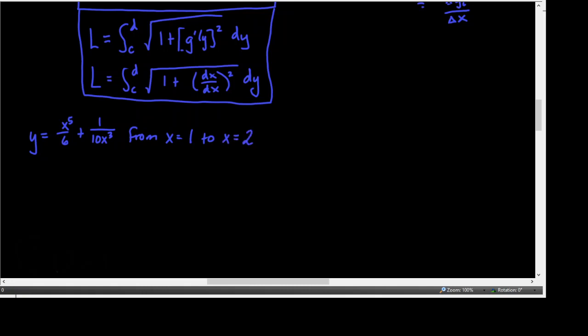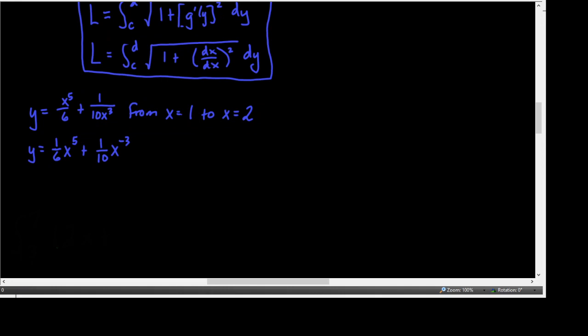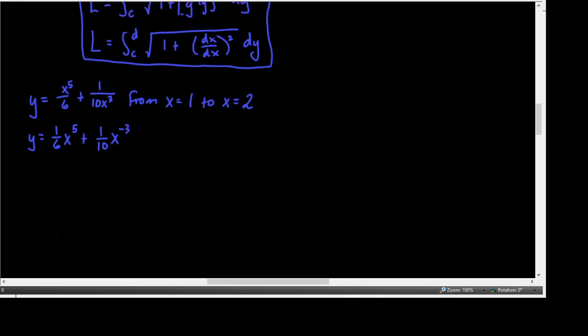Okay, so I'm going to rewrite this function in a better form for finding its derivative, because that is part of this process. So I'm writing that as 1/6 times x to the 5th plus 1/10 times x to the negative 3rd. And the derivative of that function is a necessary part of our formula for the arc length. So let's find that.